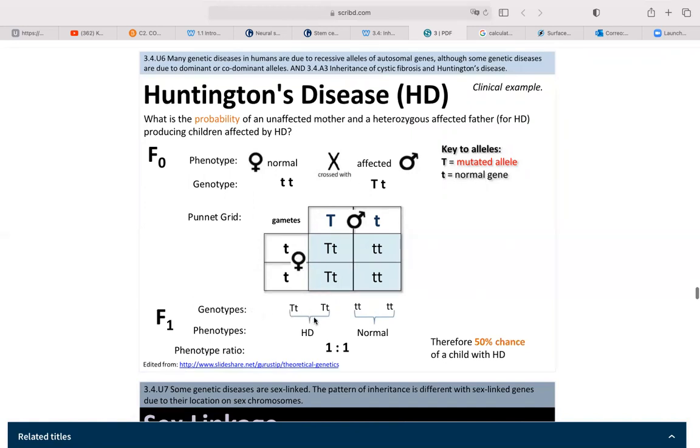The genotypes, 50% Huntington's disease because it's dominant, and the recessive ones are going to express a normal condition. So if we have 50 and 50, we have a ratio of 1:1. Why? Because we divide 50 by 50, we have 1, and 50 by 50, 1, okay? That's how you calculate phenotype ratio. Therefore, 50% chance of having a child with Huntington's disease.